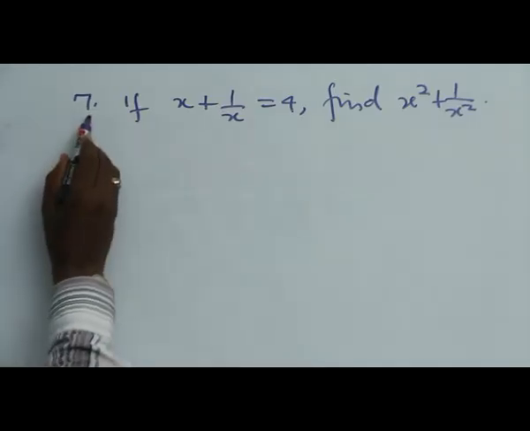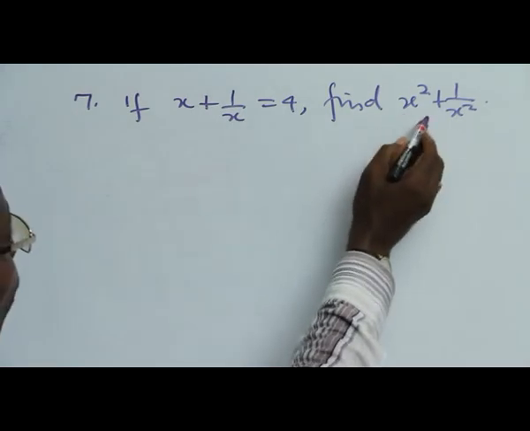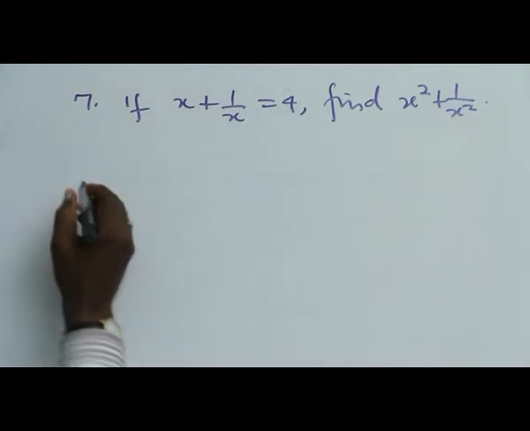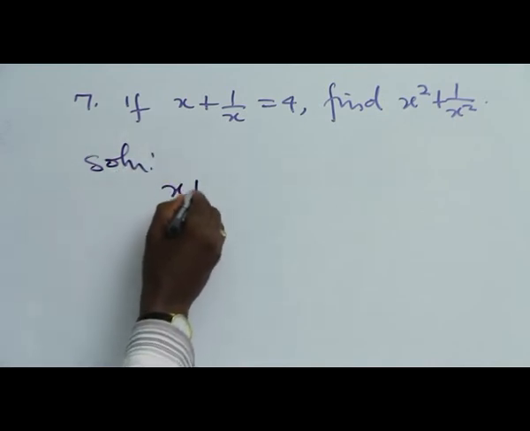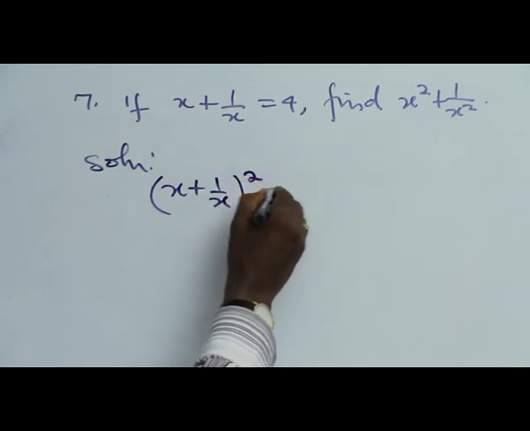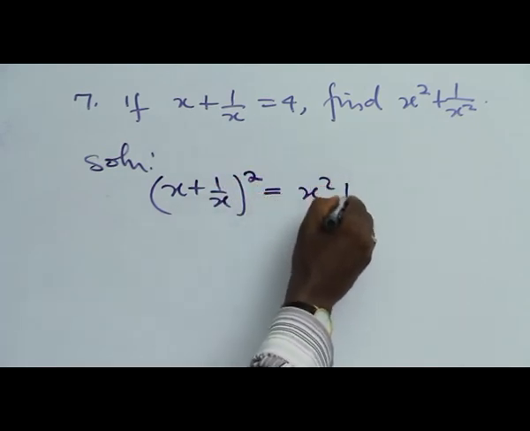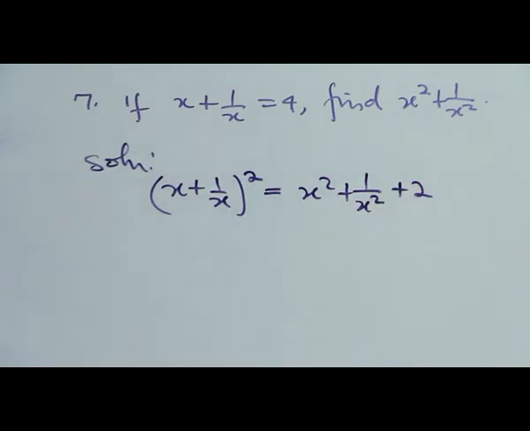Example number 7. If s plus 1 over s is equal to 4, find s squared plus 1 over s squared. Solution. We have s plus 1 over s. If it is squared, we give you s squared plus 1 all over s squared plus 2.